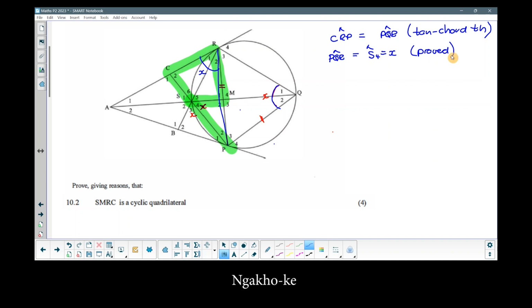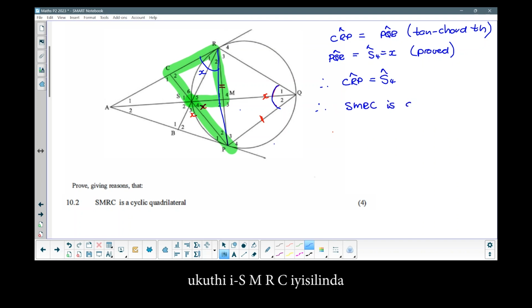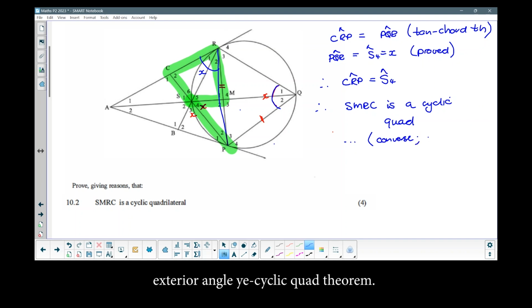All right, therefore, angle CRP is now equal to angle S4. So now we can safely deduce that SMRC is a cyclic quad. And the reason is that it's the converse of the exterior angle of a cyclic quad theorem.